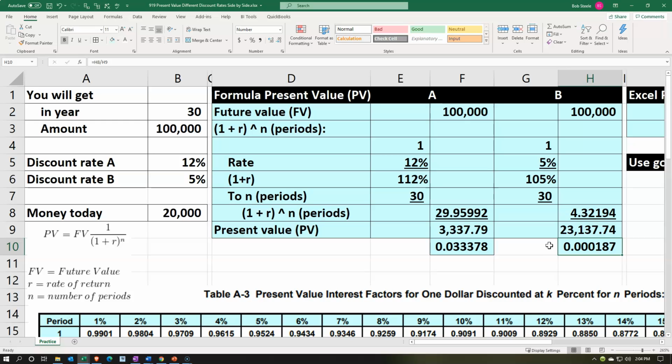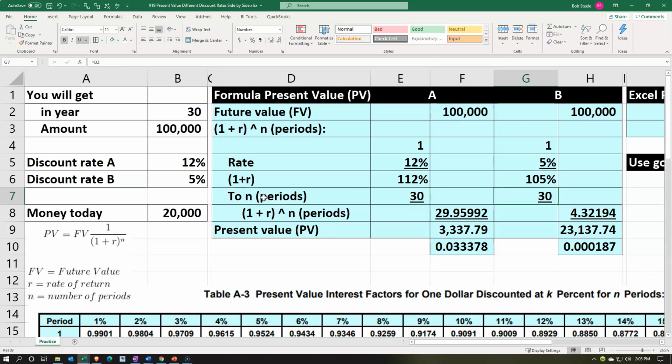Now, the next thing we might say, so okay, well, what if I want this present value? What discount rate would make this present value be 20,000? Like if I'm talking about 100,000 in 30 years, what discount rate would make it so that the 20,000 today would be equal to the 100,000 in the 30 years? So for that, we could use a goal seek feature for now.